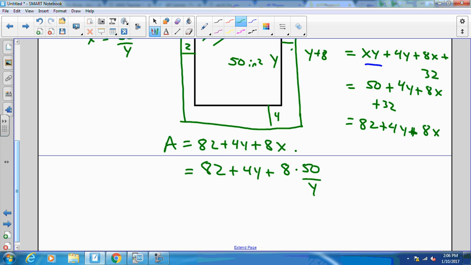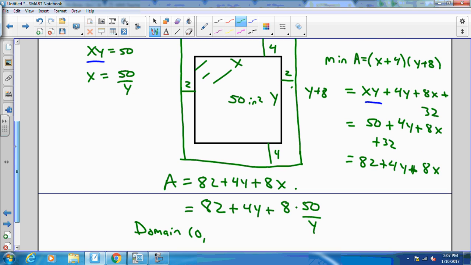Question, domain. What's the smallest y that I could use, theoretically? Zero is the smallest that I could use. I have really skinny printing. So my domain starts at 0. No. Are you including the margin in this or not?